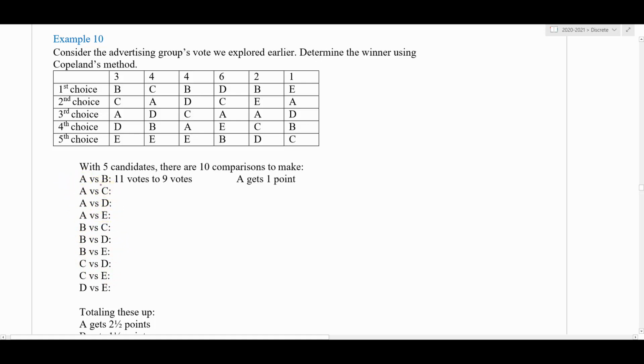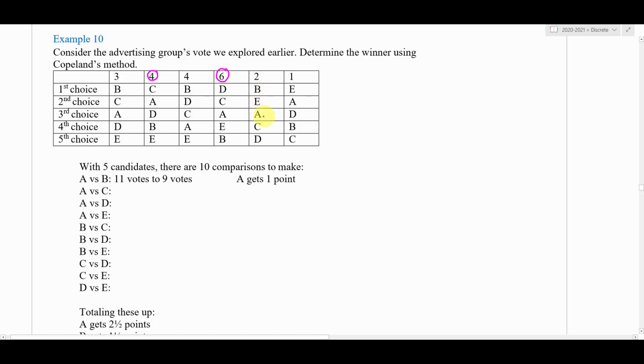All right, now this one I have filled in, so I'll show you how I got the 11-9. So I just come up here and I do A versus B. I only care about A and B in each of the columns. All right, so in this one, A loses. In this one, A wins. So A gets 4 votes here. And then here, A loses. Here, A wins. So he gets those 6 votes.